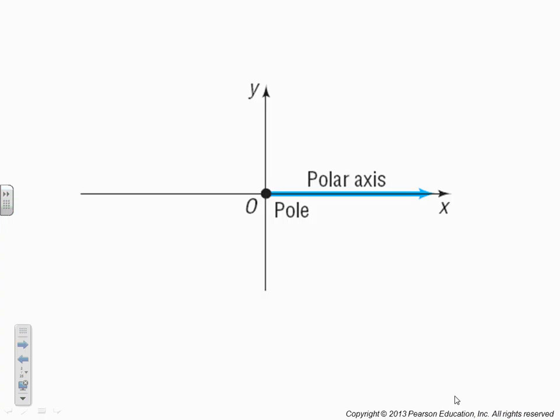So when we are talking about polar coordinates, we call the line from 0 to the right the polar axis. We call the origin the pole. So everything starts from this line right here, leading off to the right.